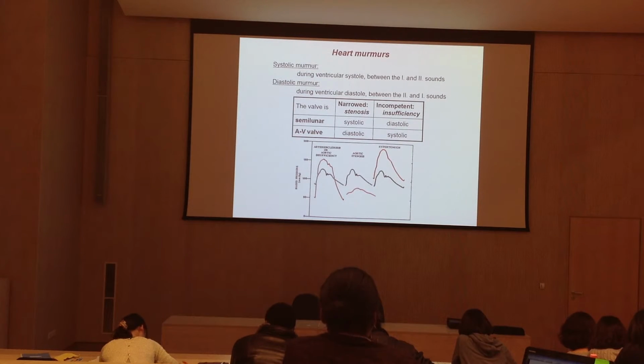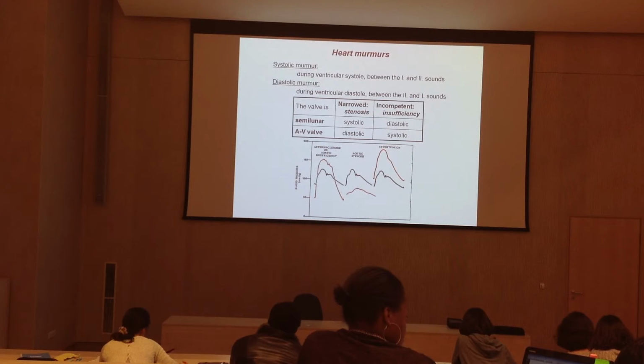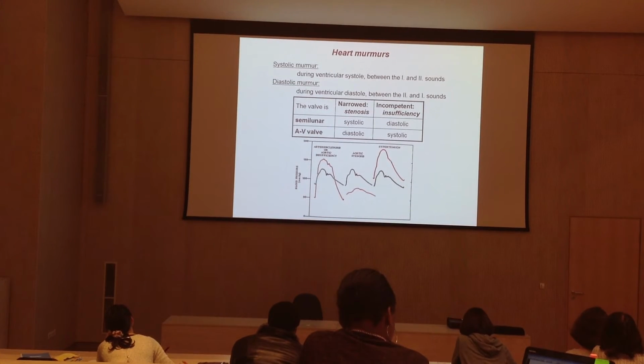And the turbulent flow produces murmurs. The previous one was the first and second heart sound. The sound is not a murmur, it is the closure of the valve. This is a murmur, which is due to the turbulent flow.